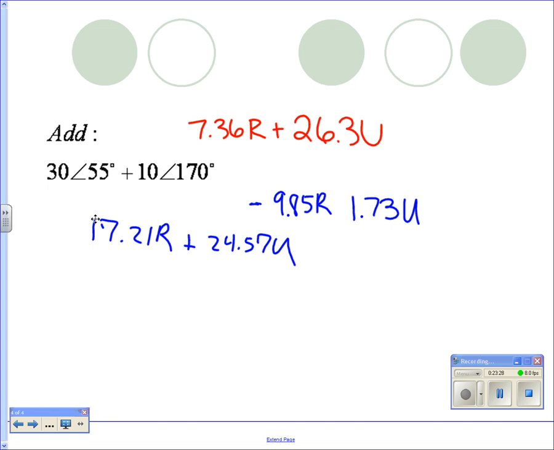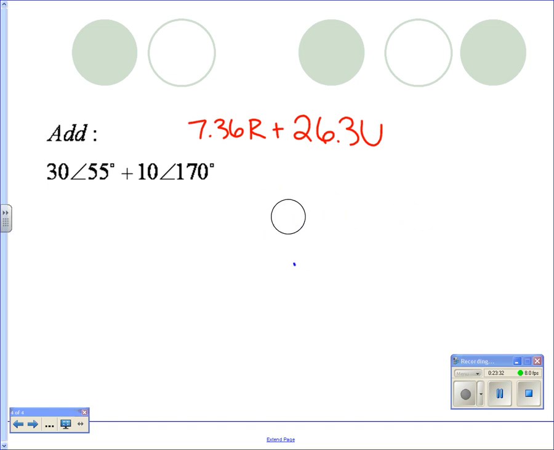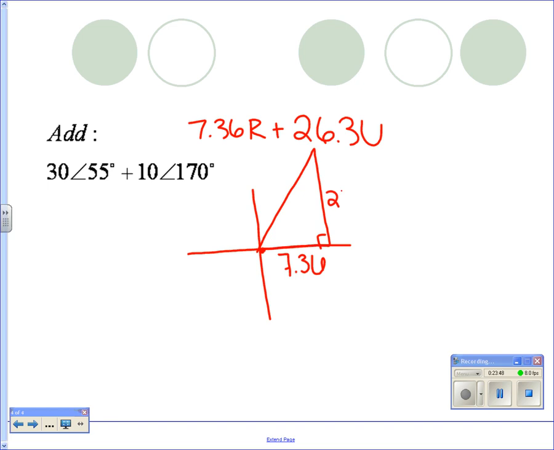Okay, so this is the part some of y'all said y'all are confused about. What quadrant will this be in? The top right. Because you go over 7.36 and then you go up 26.3. Does that make sense?